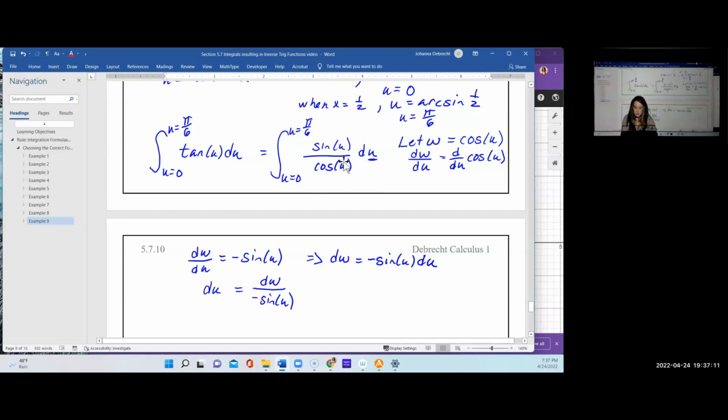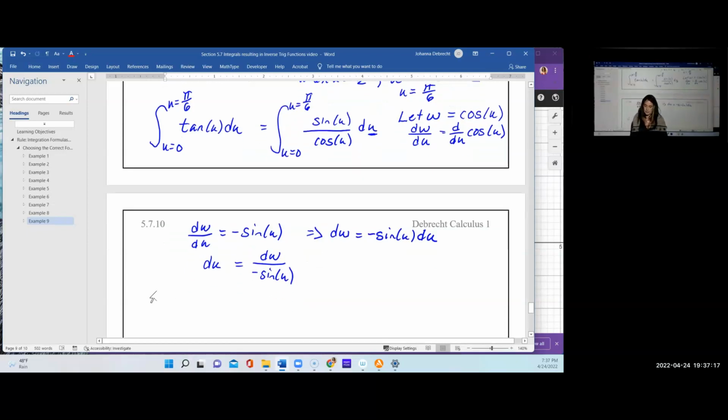Now I want to take the previous expression that I had in the integral and rewrite each piece. I have the integral, I just switched my differential again from being du to now d omega, but my limits of integration are u values. So now I need to switch my limits of integration again.